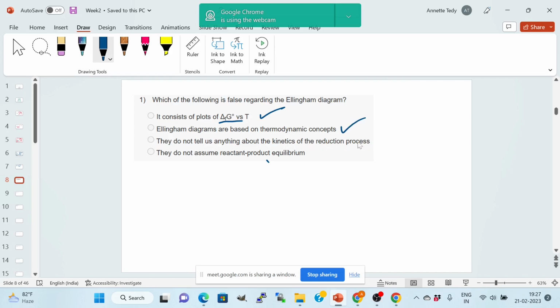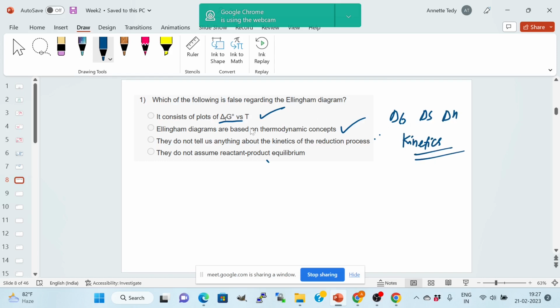Actually, this is wrong, because we have temperature data, and from temperature and delta G and all, we can get some kind of kinetics. So this is actually... okay. Even though we have delta G, delta H, delta S, etc., as you know, from thermodynamics we do not get the kinetics, right?